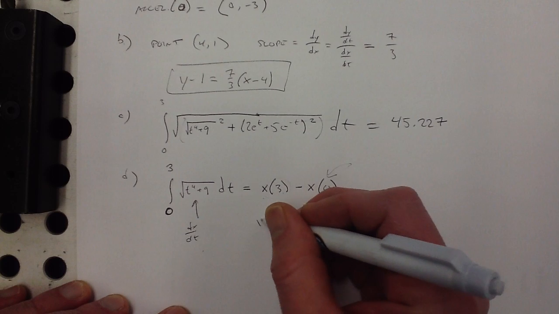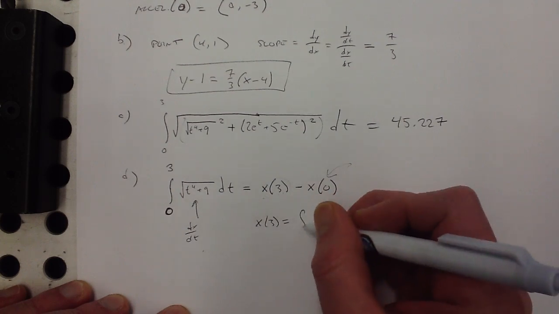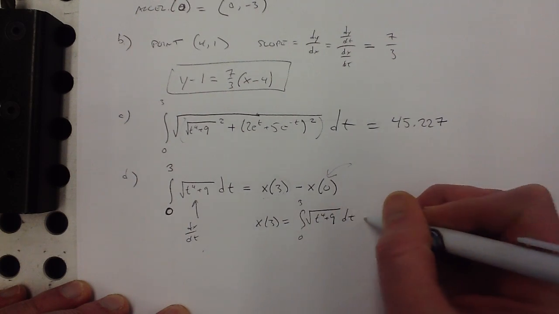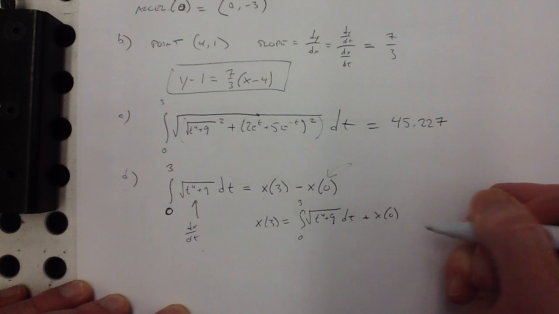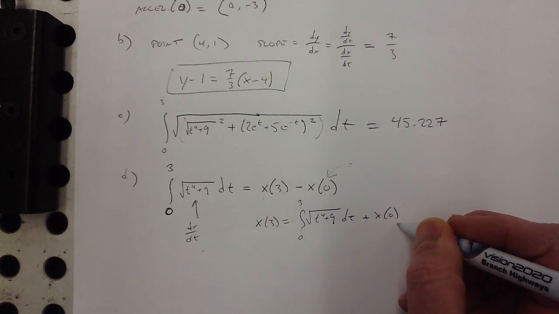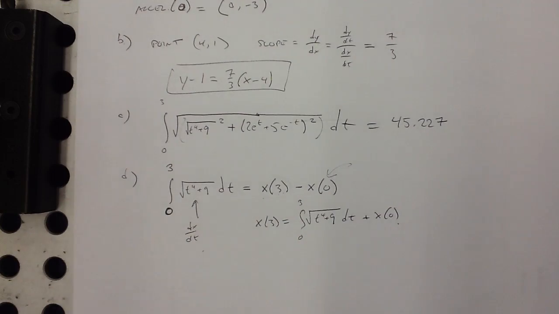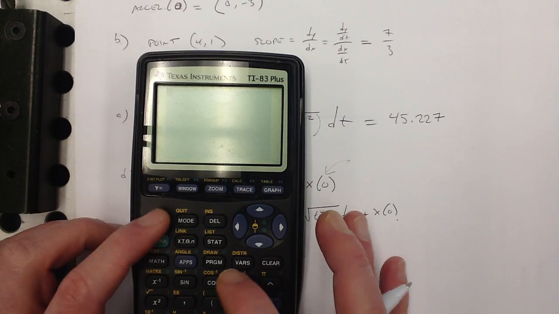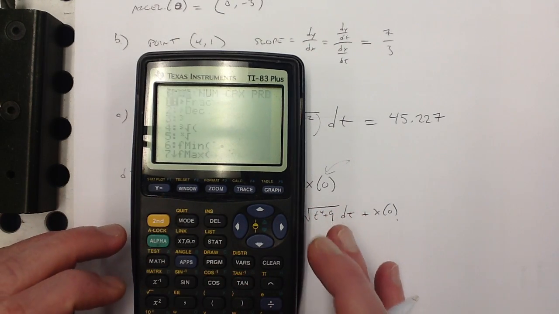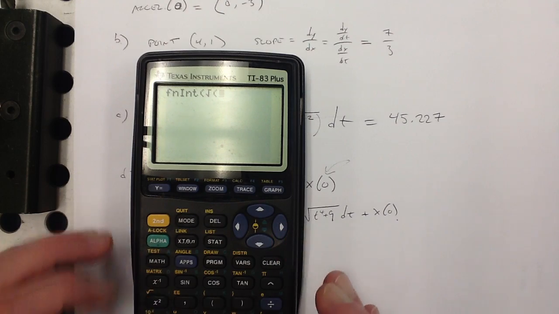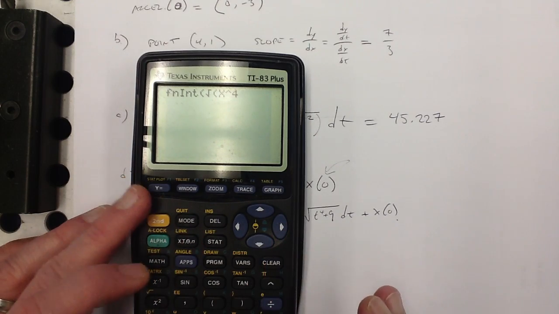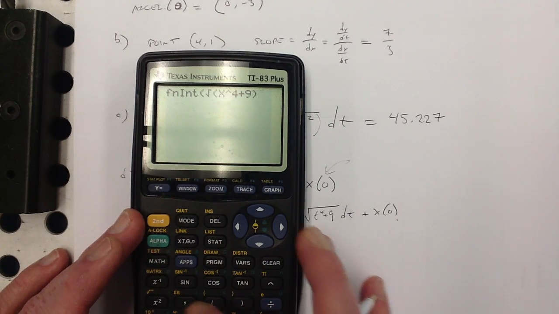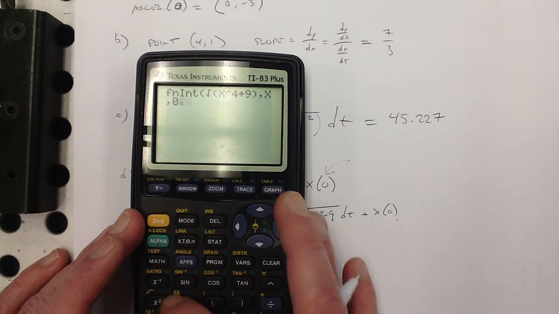So that means x of 3 is equal to this, which I'm going to do in my calculator in a second, plus x of 0, which is, what was that x coordinate? 4, right? So let's do that. So I want to do math 9 fnInt the square root of x to the 4th plus 9, comma x, comma 0, comma 3.